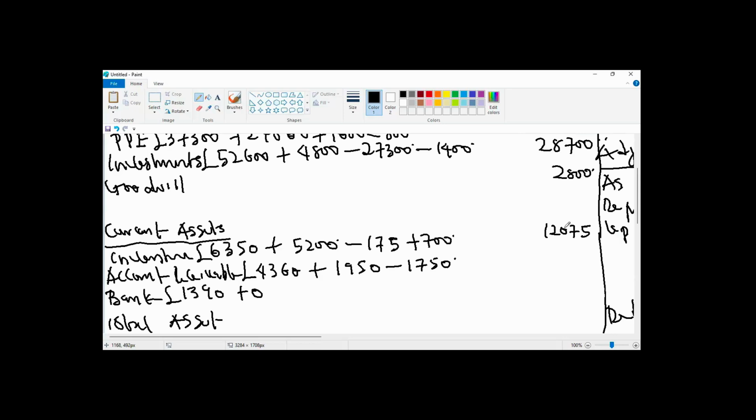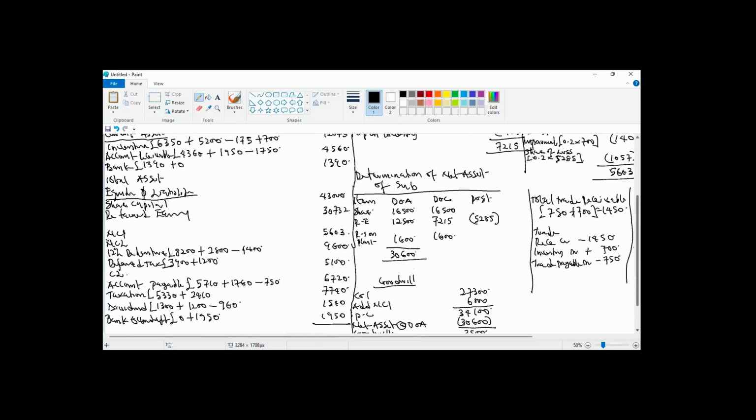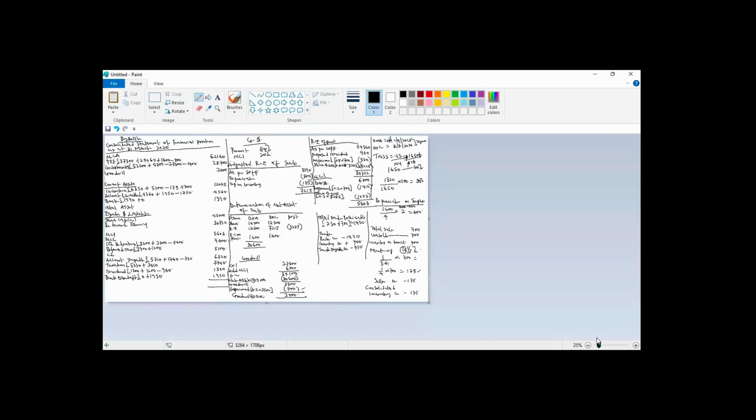Then accounts payable: 4360 plus 1950 or 560 plus 17. 4560. Yes, sir. Then this will give me 1390. Somebody with a good calculator should help us. Can you see this?